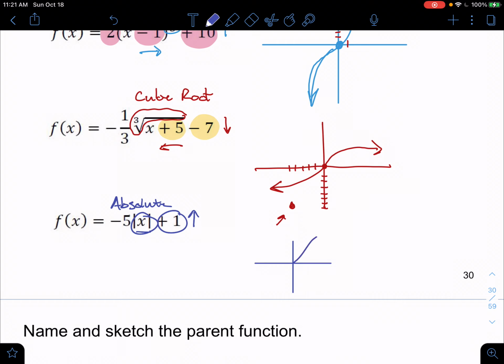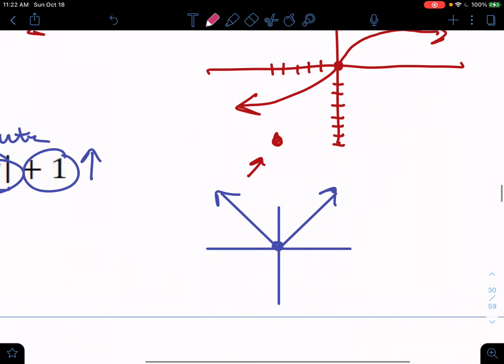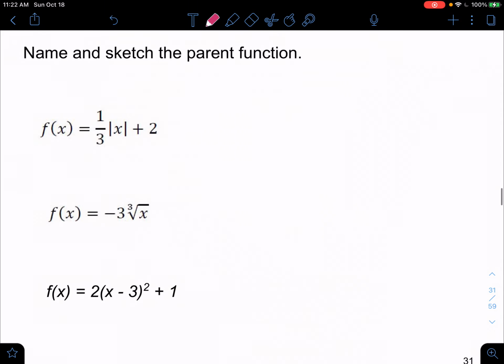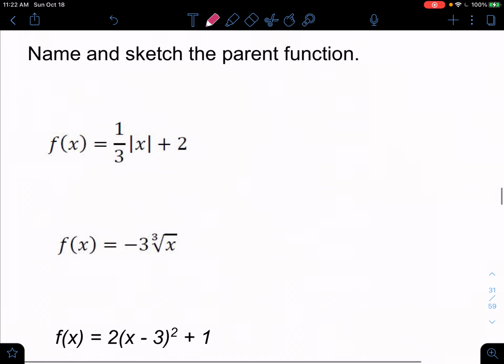So if our parent function looks like this, remember our locator point's right at 0, 0. So our new locator point will simply be shifted up 1 unit from that. Again, we have another absolute value. Nothing happening inside.